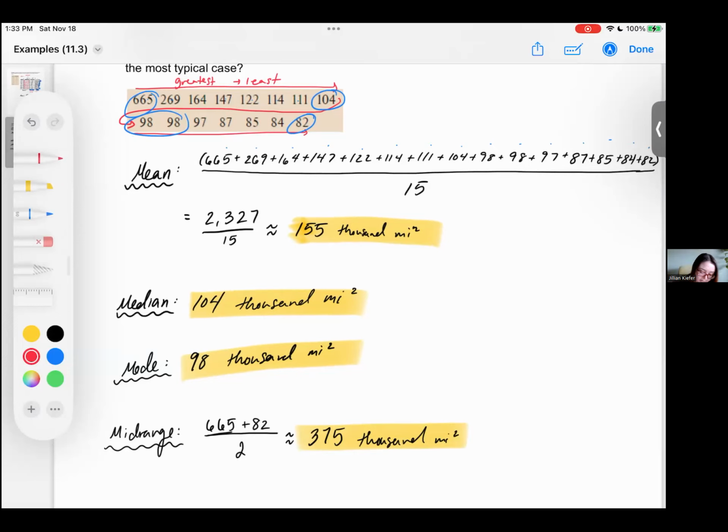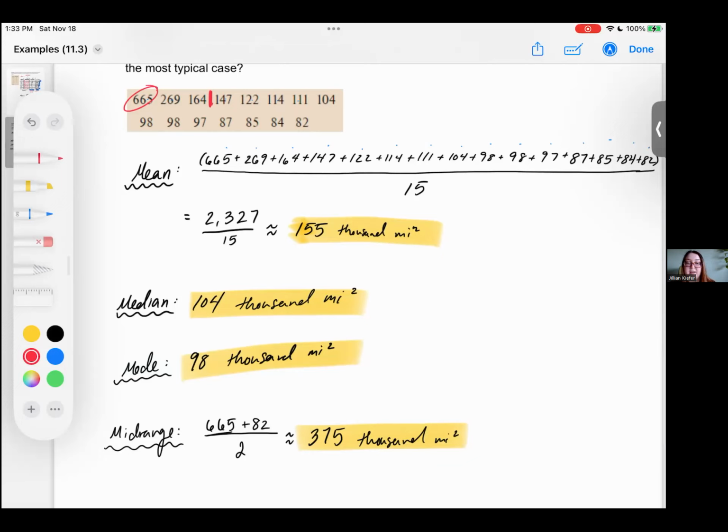This would lie somewhere in here, which is very kind of high up in this list if we're really looking at it. So the mean's probably not a great measure of average, especially because of our huge number there, 665.